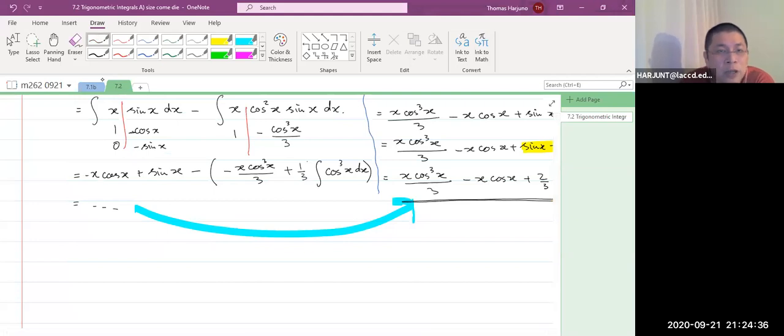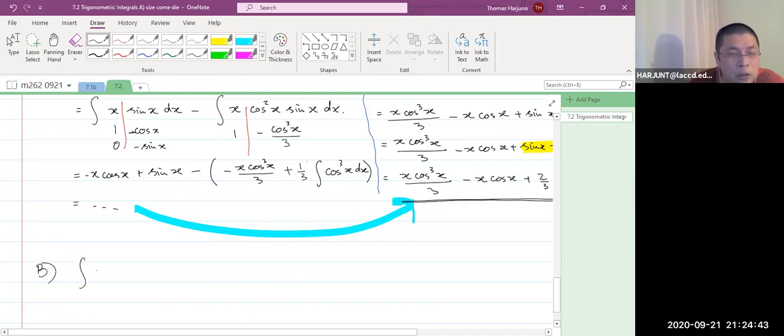Now that's for the sine cosine style. How about the tangent and secant style? Part B: the integral of tangent to the n of x times secant to the n of x dx.